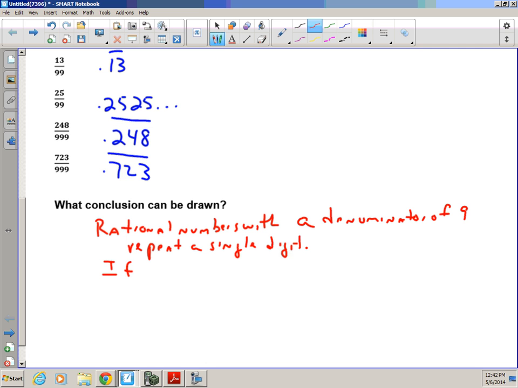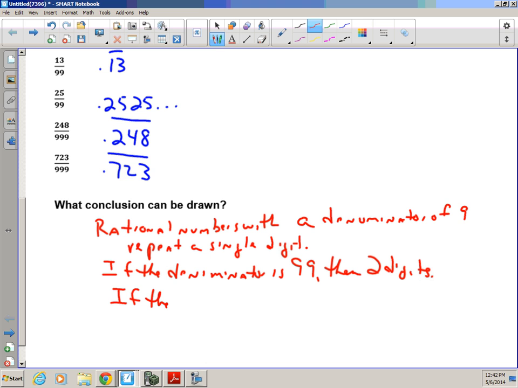If the denominator is 99, then 2 digits repeat. If the denominator is 999, then 3 digits repeat.